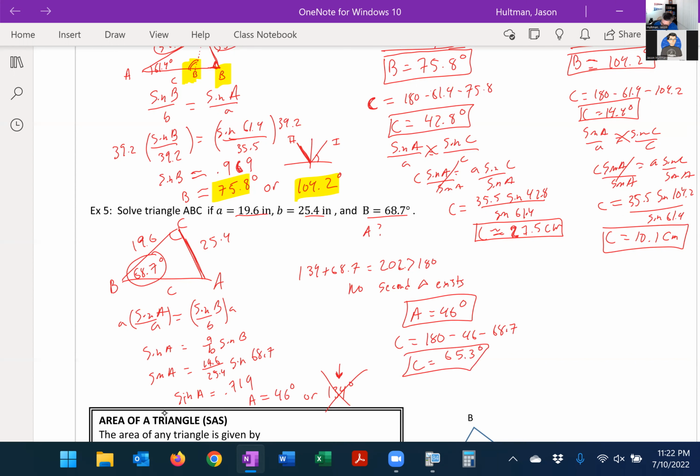Now what's side C? Let's reference the two B's here that they give us.